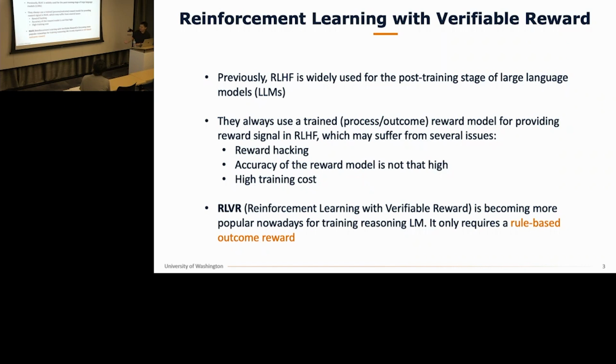Reasoning includes math problems and coding problems, where you can have a rule-based reward. In other words, you can decide whether the outcome is correct or not.